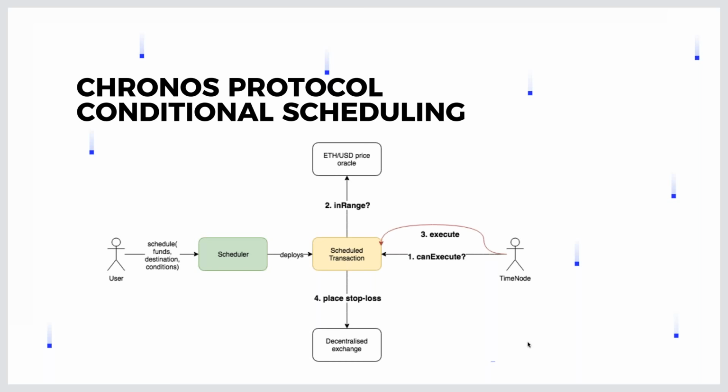This scheduler works in a way that you put your funds, destination, and conditions. What is the condition, you might ask. The condition is encoded bytes of an execution to another contract that has to be checked before your transaction is going to be executed.